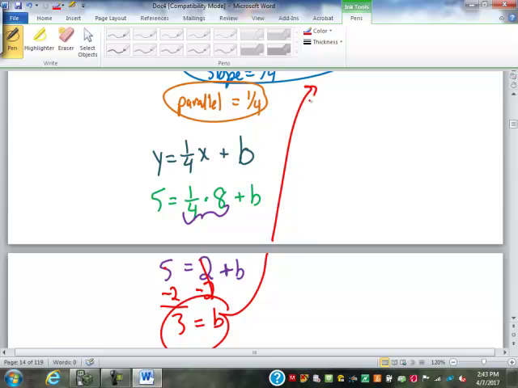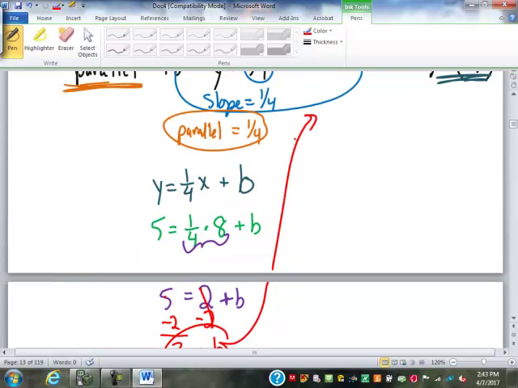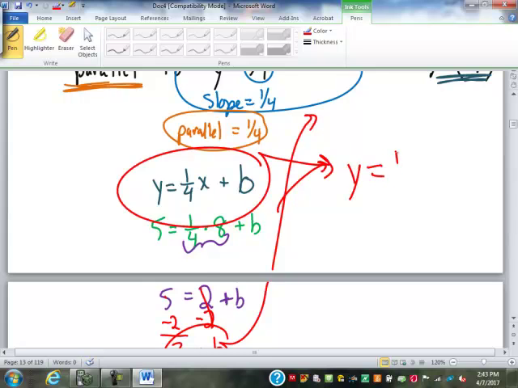So b is 3, which means we come back up, actually right here. Y equals 1/4 x plus b. Well, y equals 1/4 x plus 3.